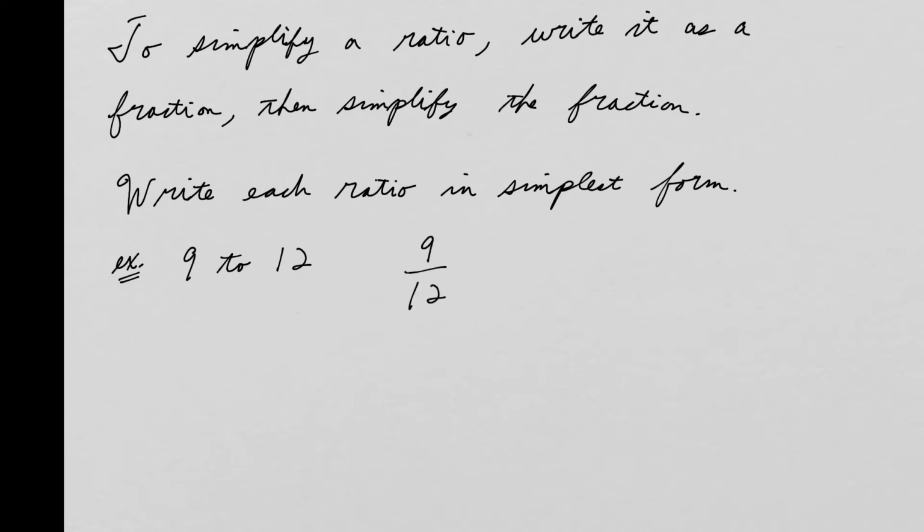But then, of course, we can simplify that, because 3 goes into 9 and 3 goes into 12. Or we could rewrite this as 3 times 3 over 4 times 3. So I can take out a factor of 3/3, and this is going to be 3/4. So the ratio 9:12 can be simplified to 3/4.